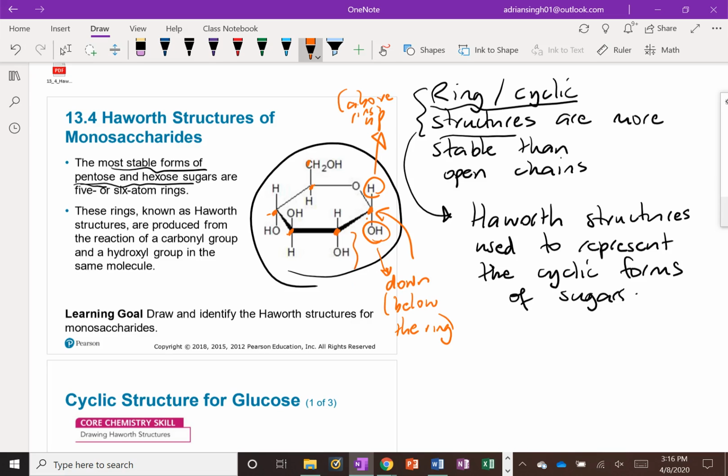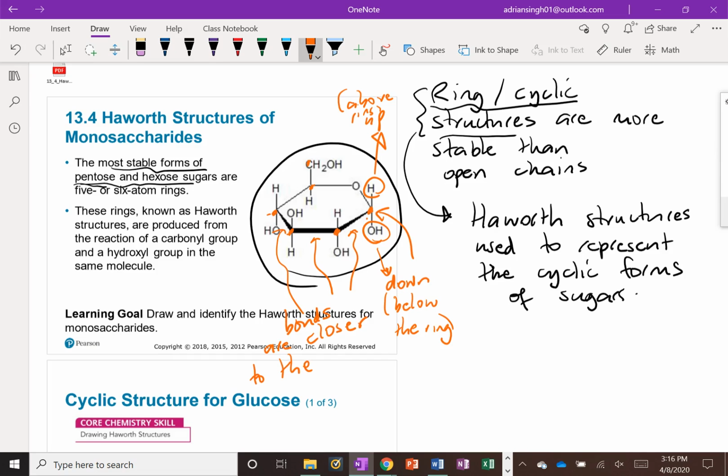You'll see that some of these bonds are represented as a little bit thicker than the others. They're thicker lines, and that is just an attempt to represent the three-dimensional nature of the ring. This thick line here means these bonds are closer to you, so the bonds are closer to the observer.